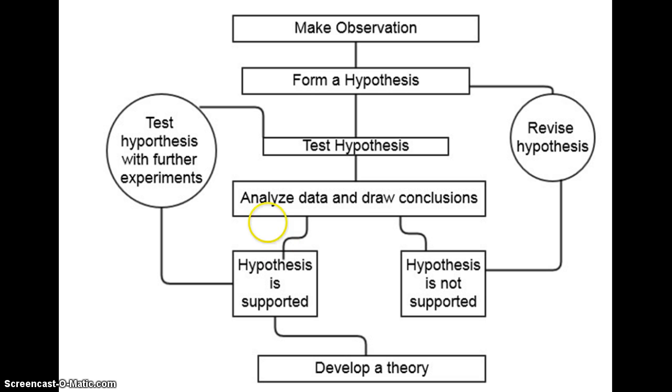If your hypothesis is supported, then you will want to keep testing it with further experiments so that eventually you can develop a theory. If your hypothesis is not supported, then you'll want to revise your hypothesis and form a new one, and then test again.